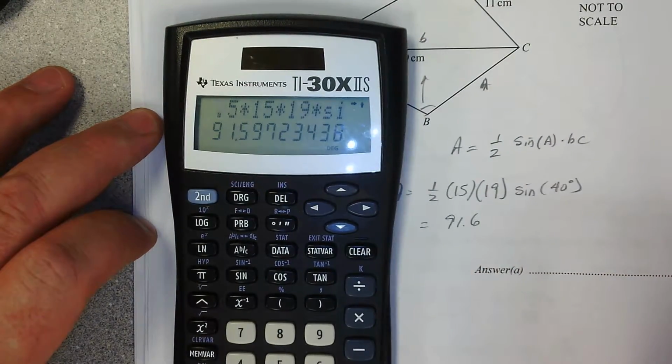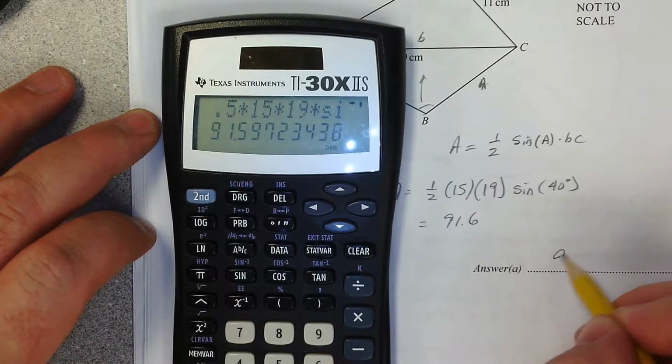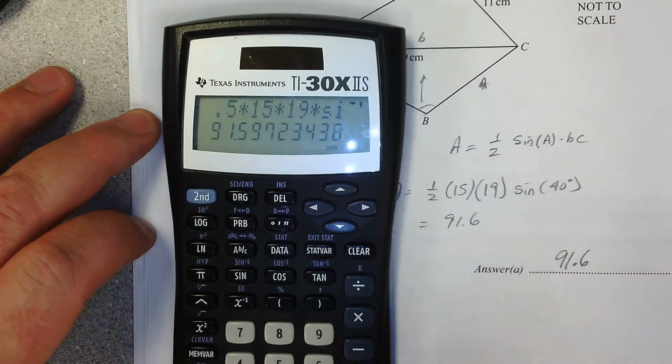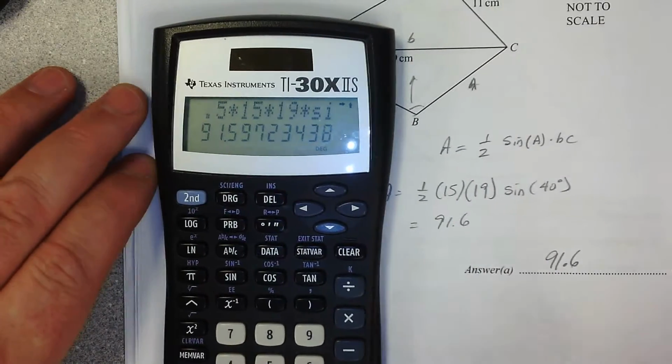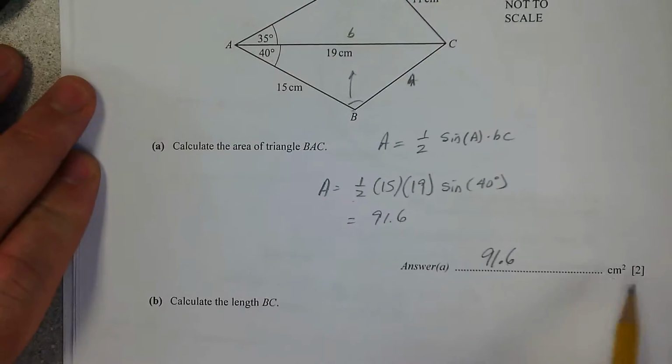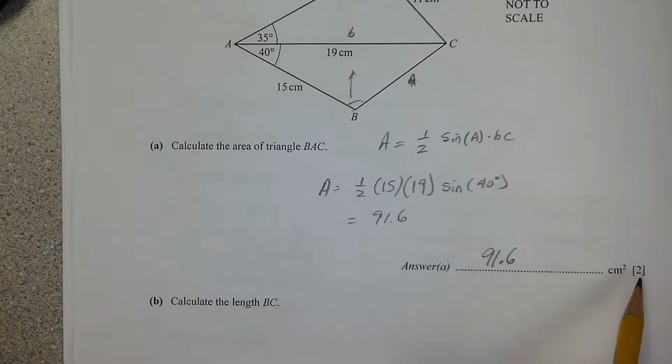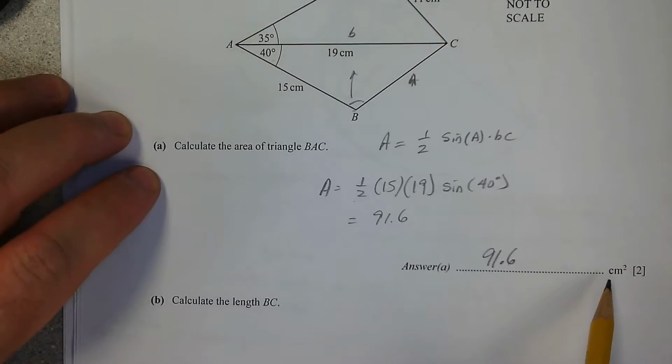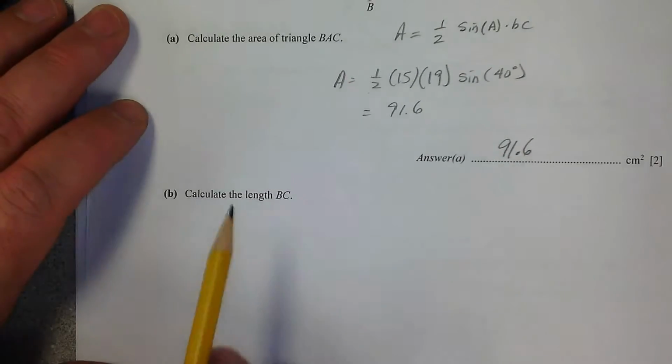That's three significant figures, which is what we're supposed to have. Let's make sure our units are there. Centimeters squared, that's good. If it wasn't there, we'd have to write it because sometimes they'll take a point off if you don't have your unit, but the unit's already posted, so we're good.